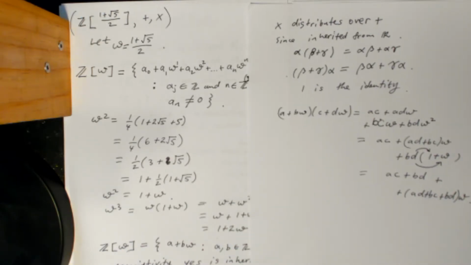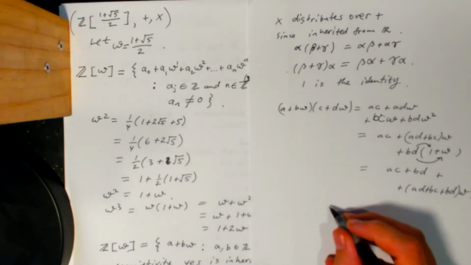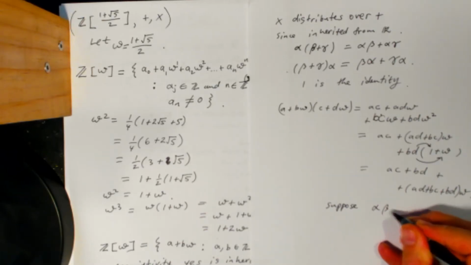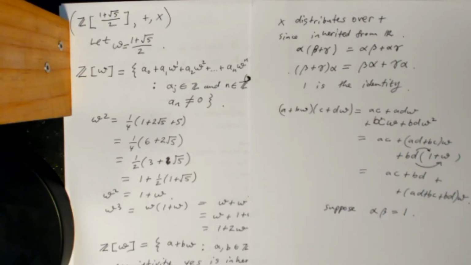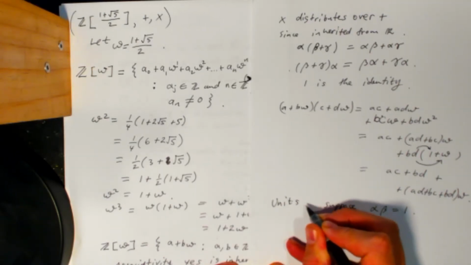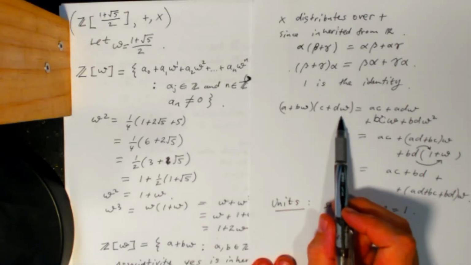Okay, so now that we know we have a ring, let's consider what the units are. Suppose now that alpha times beta is equal to 1, and I'll say that we're thinking about the units here. So you can think of this as alpha, this is beta.